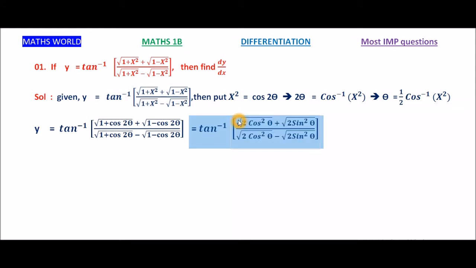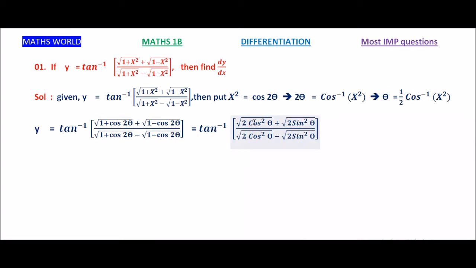That is equal to, we know the value of 1 plus cos 2 theta is equal to 2 cos square theta, and 1 minus cos 2 theta is equal to 2 sin square theta. So simply substitute: tan inverse of (root of 2 cos square theta plus root of 2 sin square theta) divided by (root of 2 cos square theta minus root of 2 sin square theta).